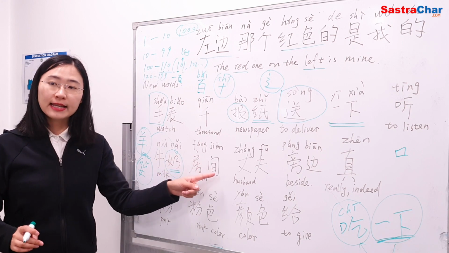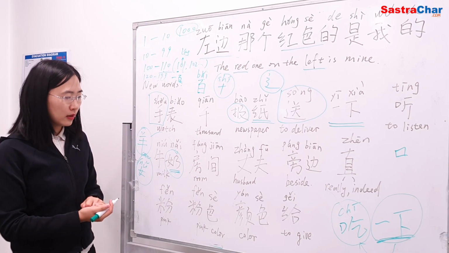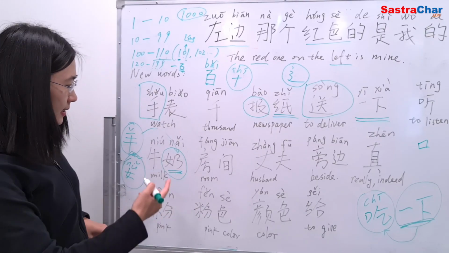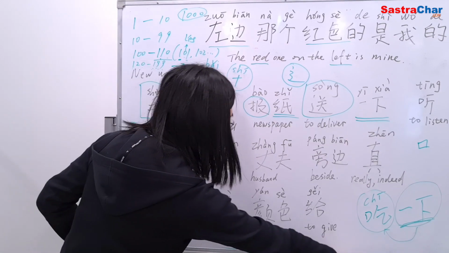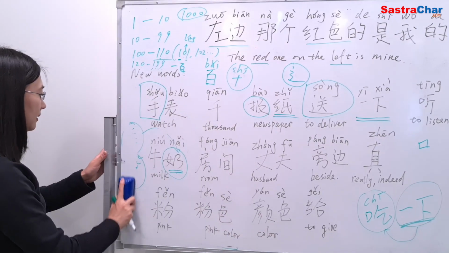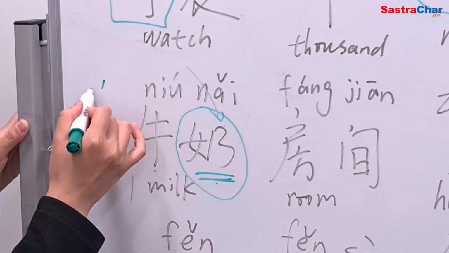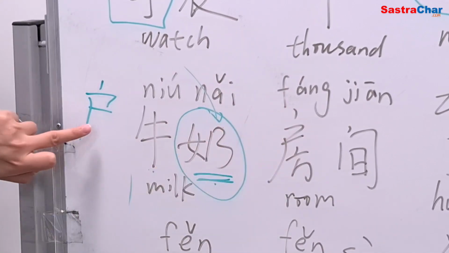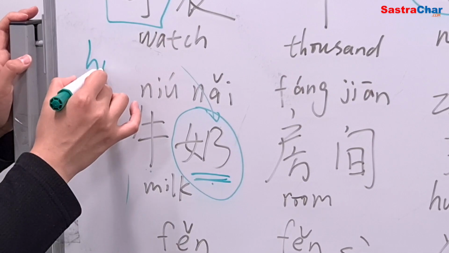Okay, next, 房间. 房间 means room. As you can see, the left word is 房. There is a part that looks like this. If you take it individually, it is also a character.